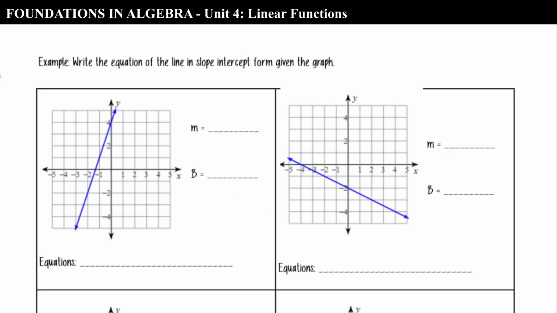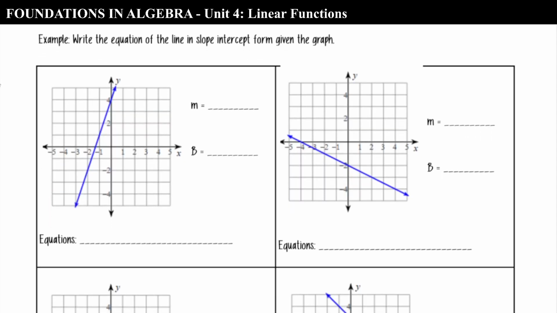Now let's take a look at some graphs. Again, we need the slope and the y-intercept. The y-intercept's easy. It's just where the graph crosses the y-axis. So here, our b is going to be 4. Our slope, we have to find by doing our rise over run. So we start from this point and go to this point.